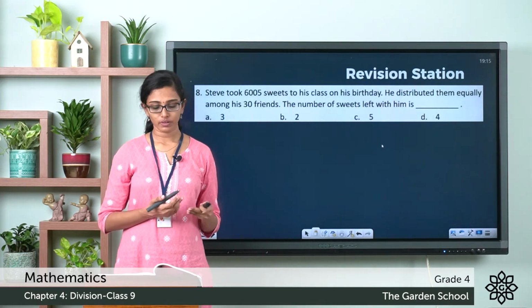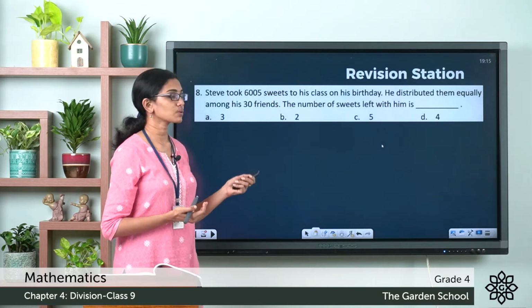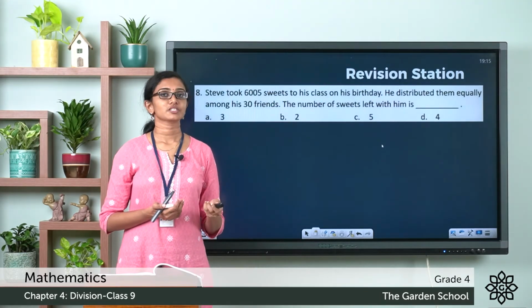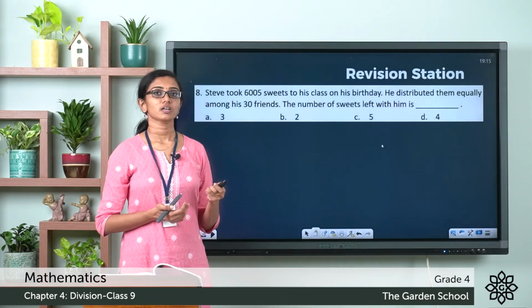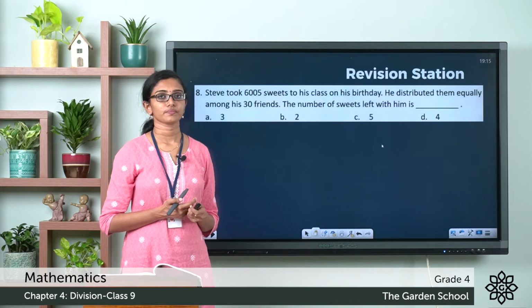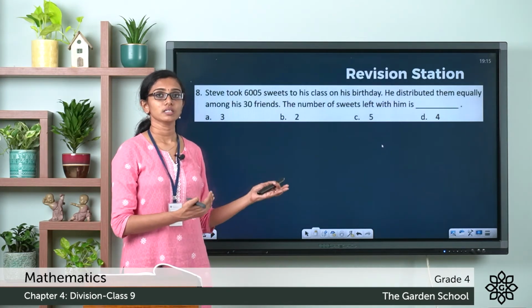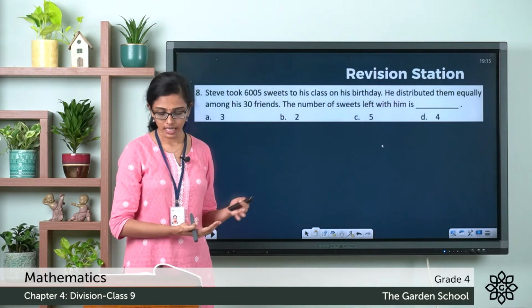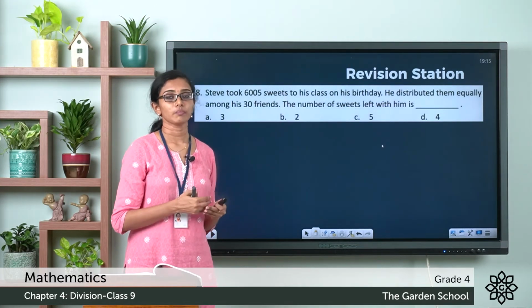So we know the number of sweets Steve took to his class is equal to 6,005 sweets, and he distributed these sweets among 30 of his friends. We need to find out the number of sweets left with him. So after distributing 6,005 sweets among 30 of his friends, how many sweets were remaining?